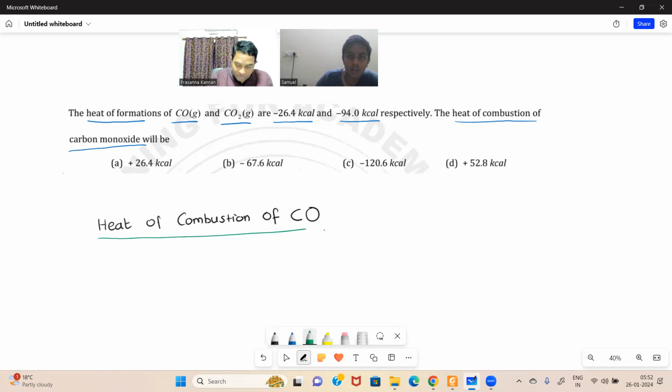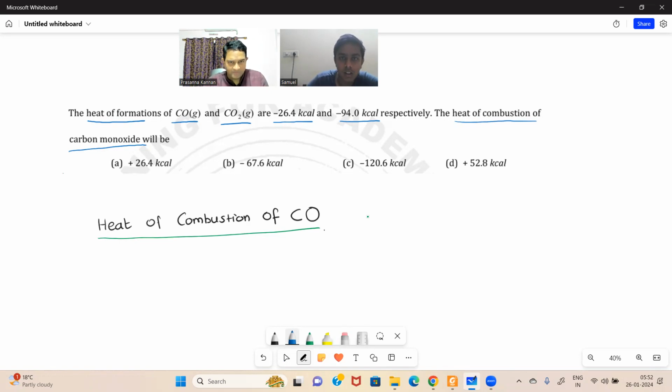Can you tell me what you mean by combustion of carbon monoxide? The heat change involved in combustion of 1 mole of carbon monoxide. Very good. What do you mean by combustion? Combustion is when a substance burns in oxygen to give some product.